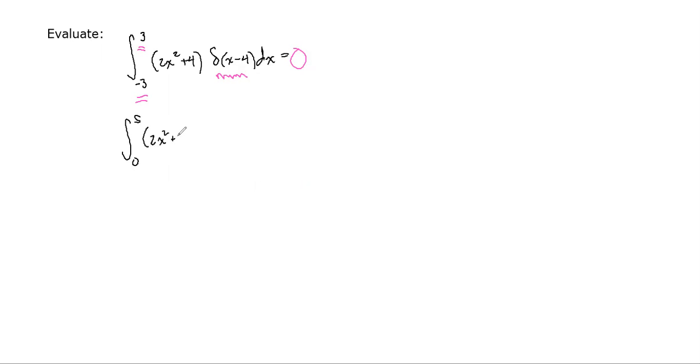Okay, what's this? So now I change the limits of integration from 0 to 5. And then we'll do x minus 3, because I already said the answer to the other thing.